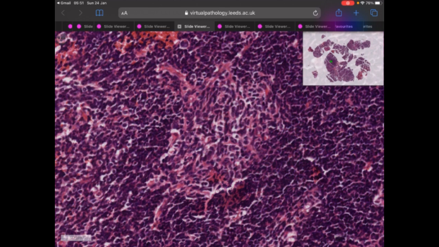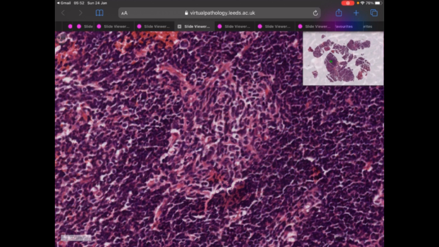This area is different from the other area because in this focus you can see quite an appreciable amount of cytoplasm, because you can appreciate the presence of background eosinophilic cytoplasm, and the cells are not so crowded compared to the adjacent surrounding tumor, in which the tumor cells are very crowded, packed close to each other. They have minimal and scanty cytoplasm.